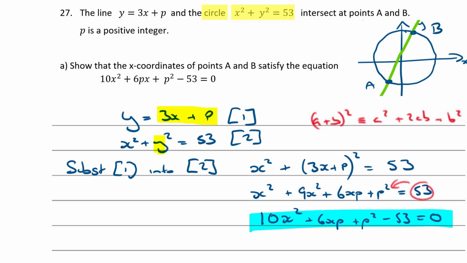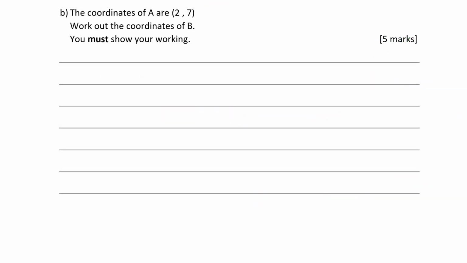What does part B say? Now in part B we're told that the coordinates of A are 2, 7, and we need to work out the coordinates of B. And we must show our working. So you remember that we've been given two equations, and the first one was y is equal to 3x plus p.